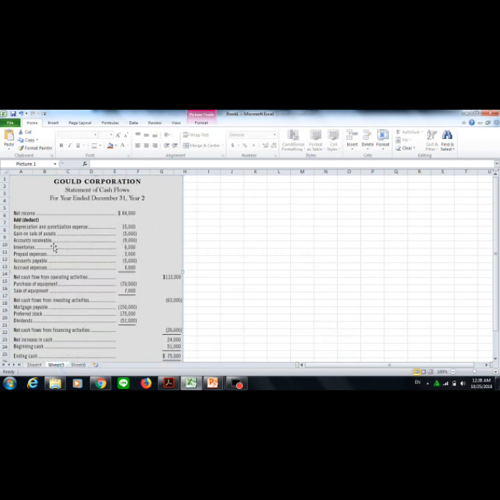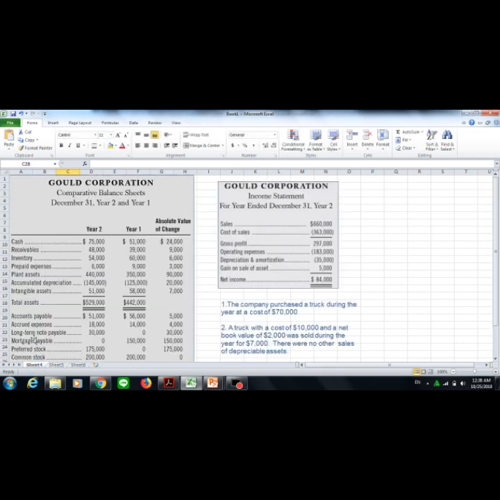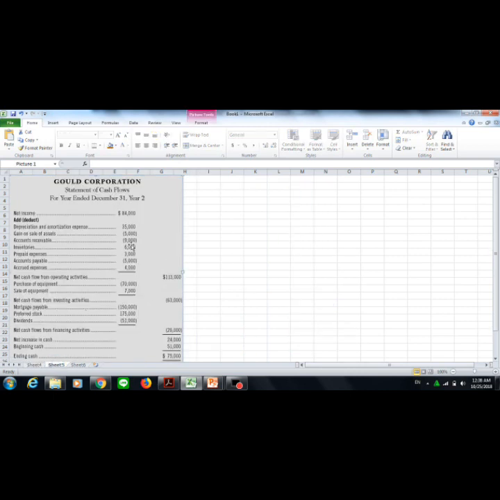5,000. Account receivable is 9,000 decrease. Here we see the first year is 39,000, second year is 48,000. So we have increasing the receivable is 9,000. But in statement of cash flow, we decrease it.